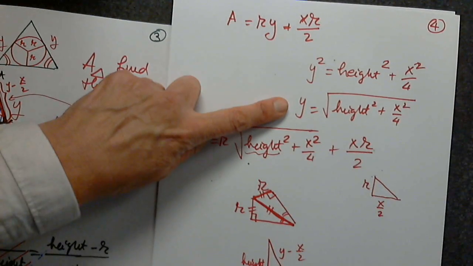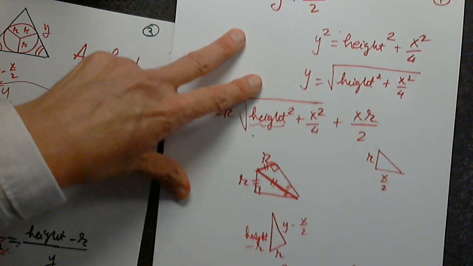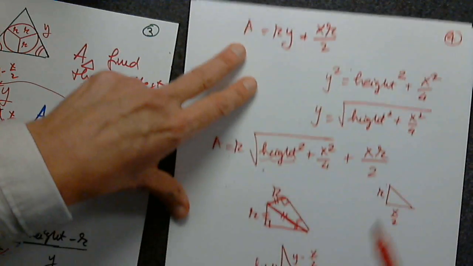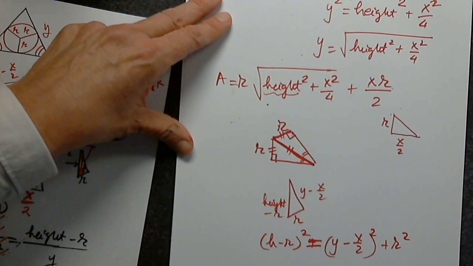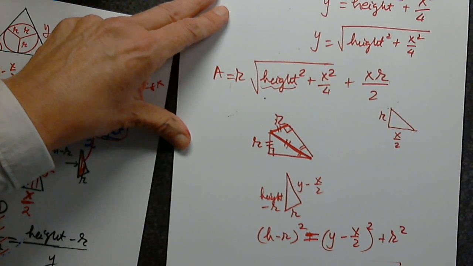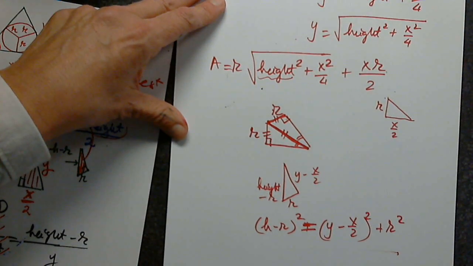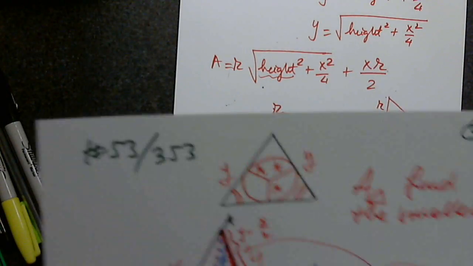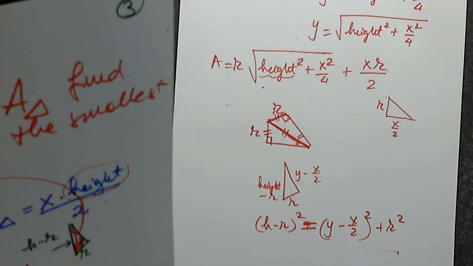And now I have to take the height from here and replace it in here. Yes, it's a lot of work because it's all letters. That's the problem in a way.